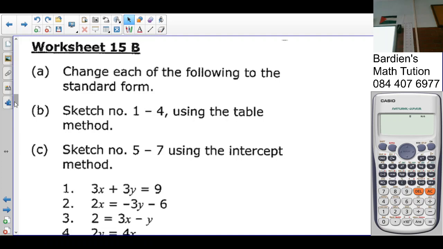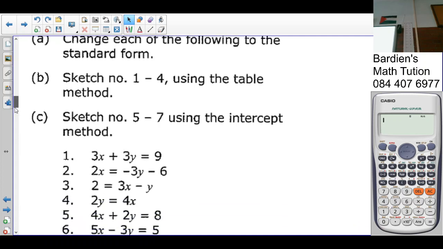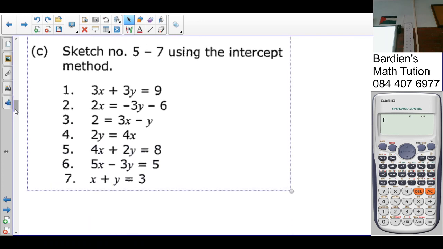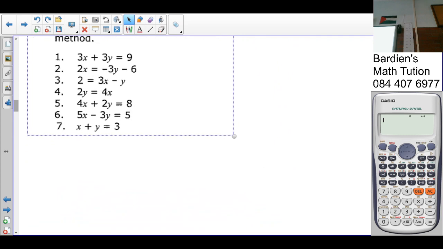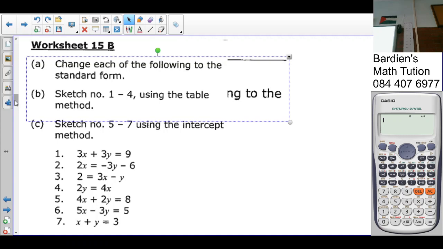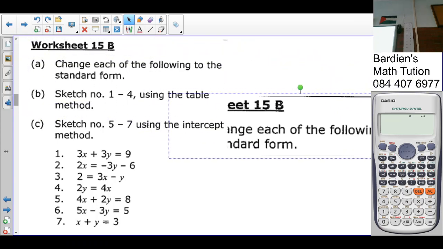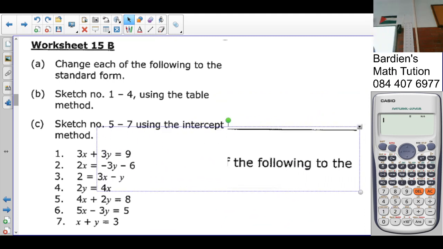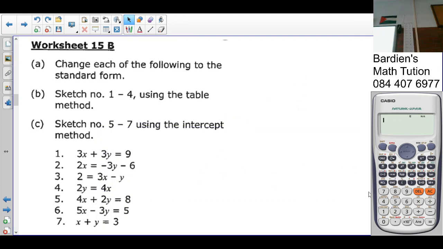Then it says, sketch number 1 to 4 using the table method. Okay, so let's look at number 1.